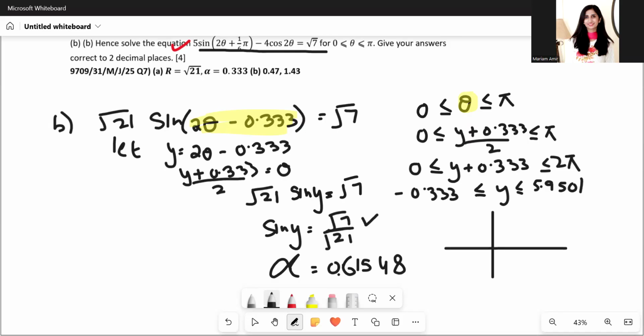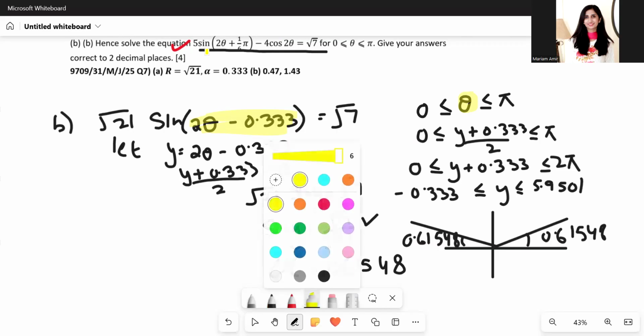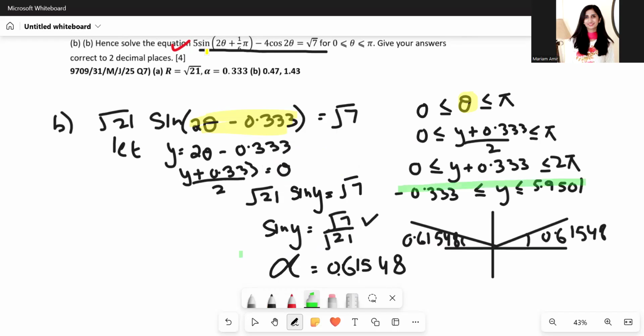That means it's either in the first quadrant or the second quadrant. So 0.61548 or pi minus 0.61548. Now we're going to find all the values of y within this domain. One of them is clearly 0.61548. Now let's find the other angle. This is going to be pi minus that.